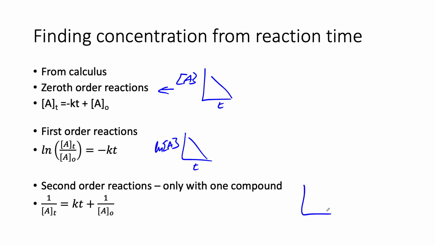If it's second order, it's 1 over A versus time, a straight line. With a second order reaction, we're only looking at one compound, not two. So just looking at one compound, you need two of them to react. And again, the actual equations are derived from calculus.